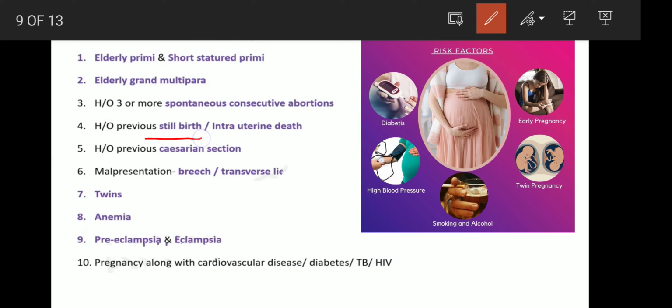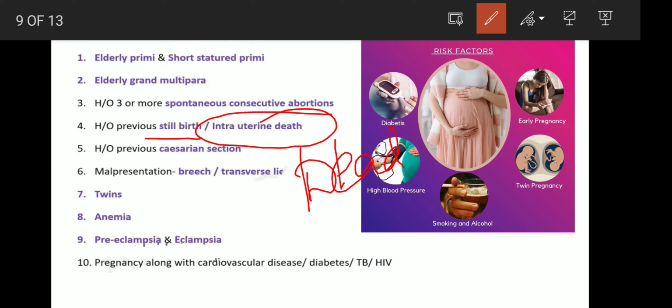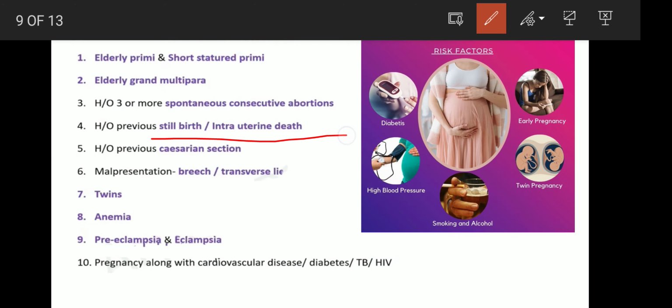A stillbirth is when the baby was born dead, or in intrauterine death, the baby died in the uterus itself.